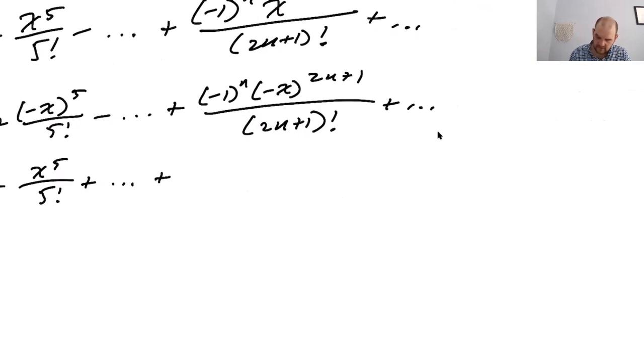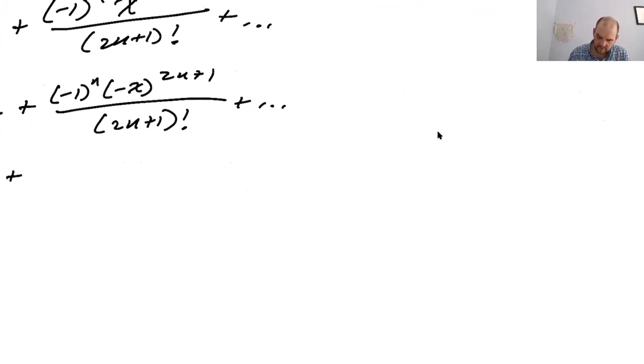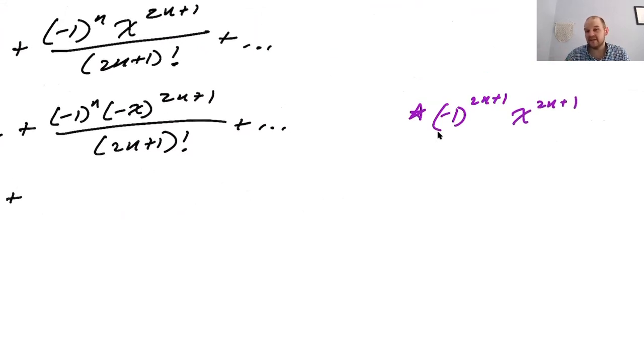So here you end up with negative 1 to the 2n plus 1, x to the 2n plus 1. But negative 1 to the 2n plus 1 is always odd. Negative 1 to an odd power is always negative 1. So this is actually just negative 1 times x to the 2n plus 1.